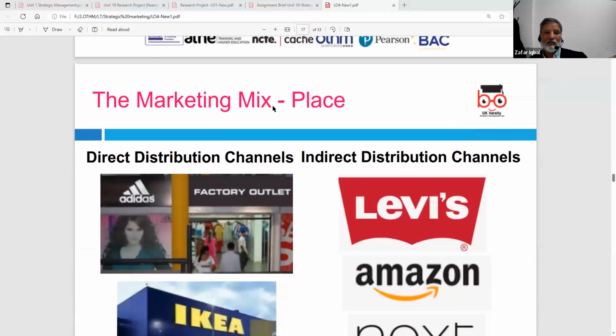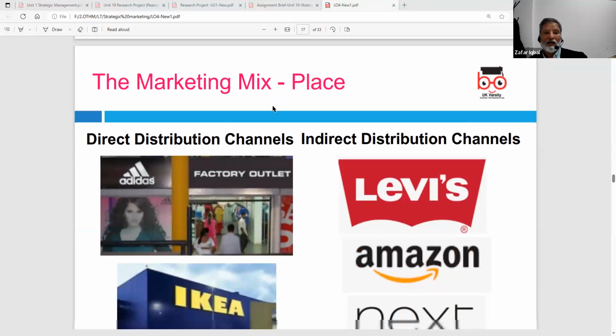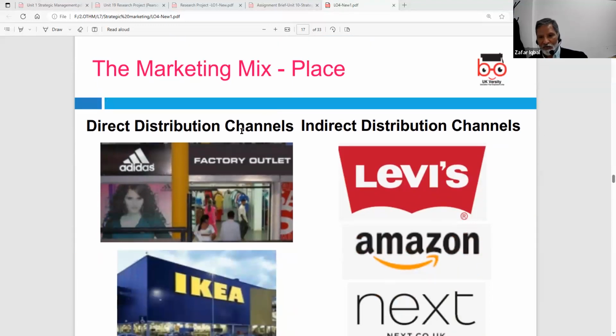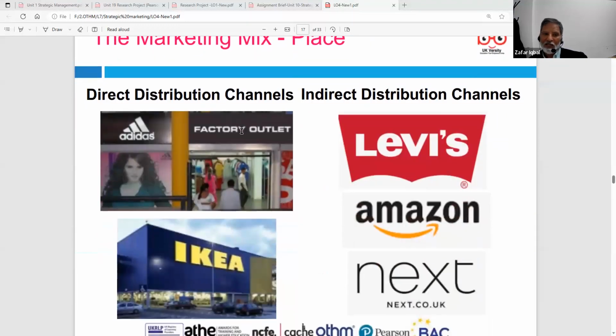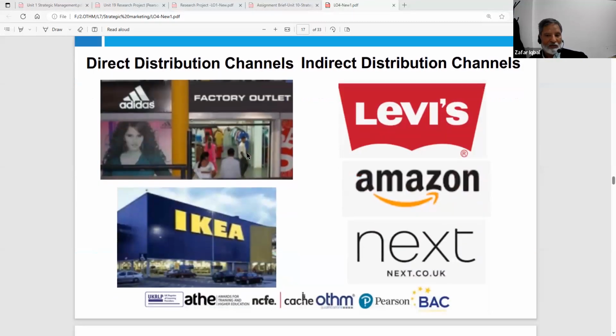And the third element we are going to be looking at, the place, also is so, for example, Levi's have their distribution channels or factory outlets. Amazon, for example, sells its products online, and they have some distribution channels.